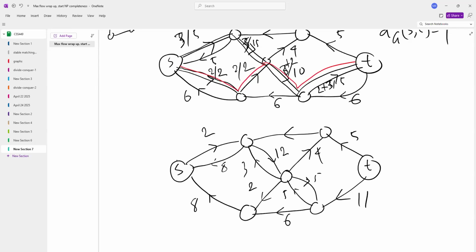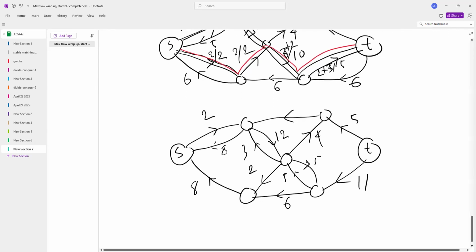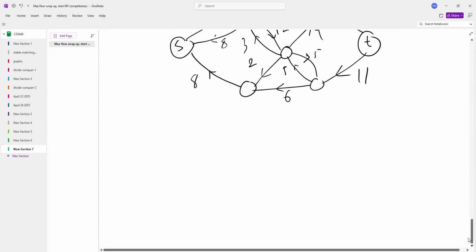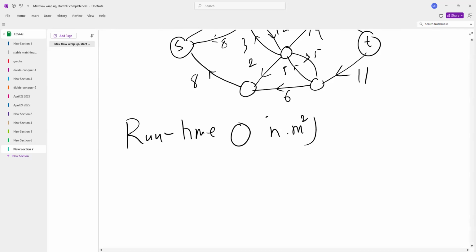Okay? And then what is the runtime here? Runtime is order of n times m squared. And this assumes that we know how to prove that at every iteration the shortest hop ST path increases by at least 1. We didn't prove that, but we are assuming that.